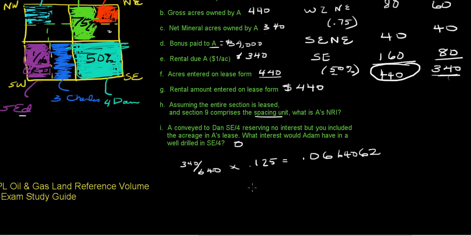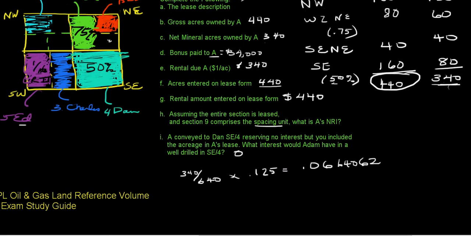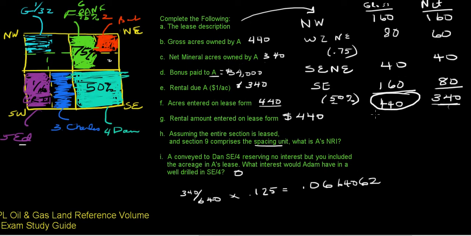Now, remember that A also conveyed a 1/32nd interest to George up here. So we're going to have to deduct that from A's interest.